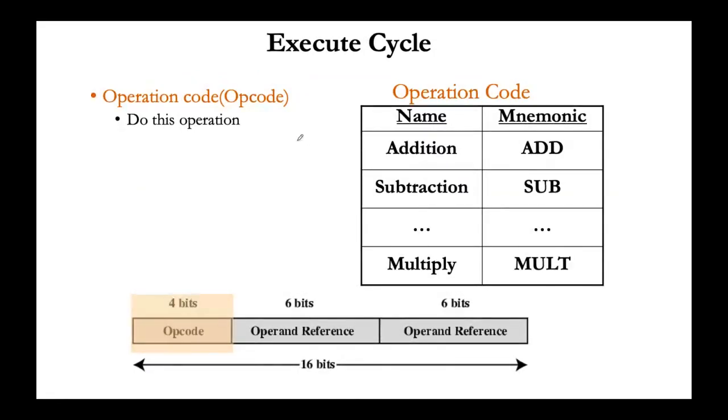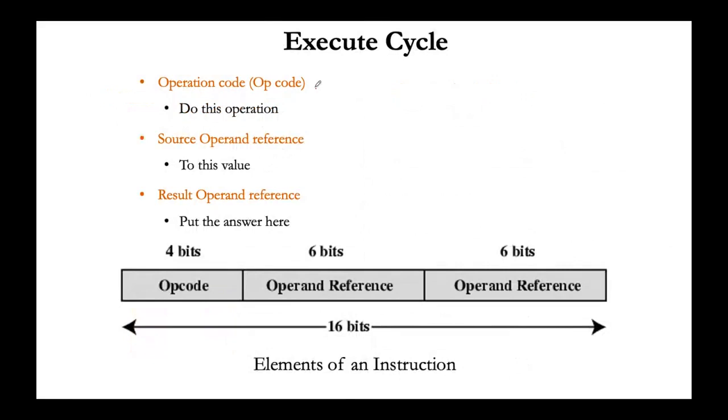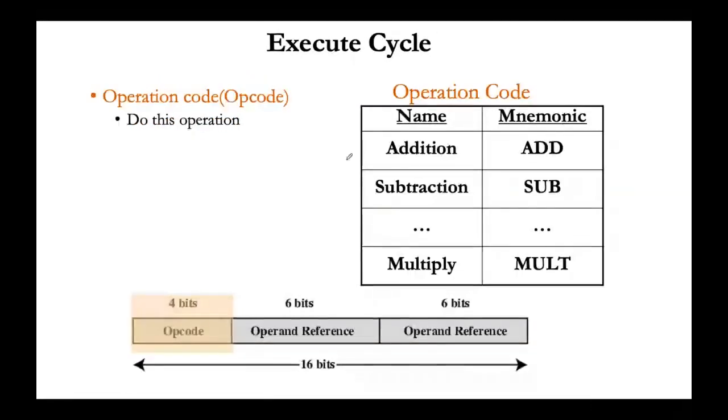So for example, what are the opcodes generally found in this decoding part? What are the operands? Suppose we have the arithmetic operations. In the arithmetic operations, you will find addition, subtraction, division, and multiplication, right?